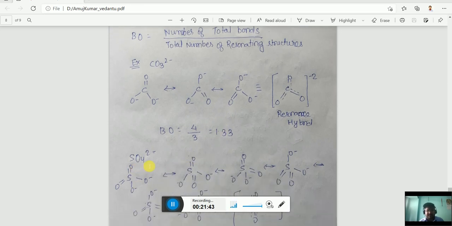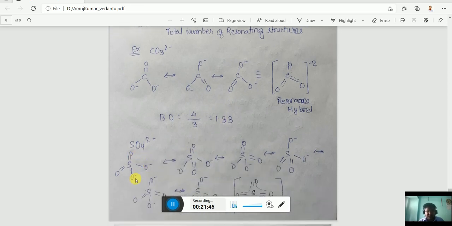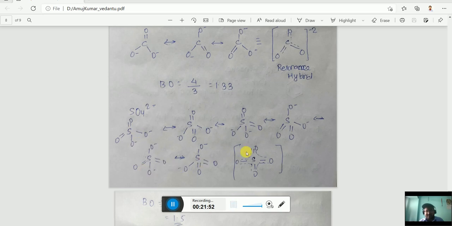Now the sulfate ion. We will first create all the possible resonating structures with all the possible combinations.